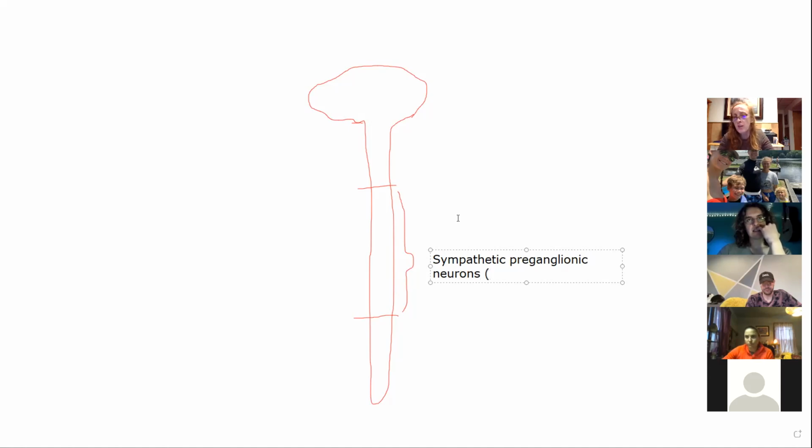And this part of the spinal cord is also associated with the lateral horn, because the lateral horn contains the cell bodies of these preganglionic neurons. So this is also called the thoracolumbar region, thoracolumbar nervous system or something like that. Thoracolumbar.